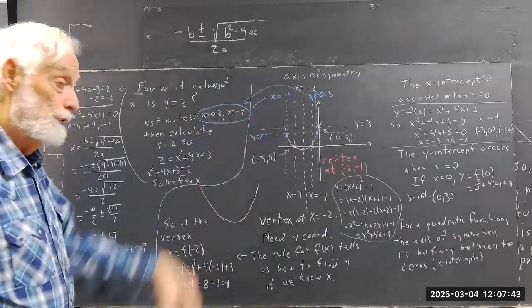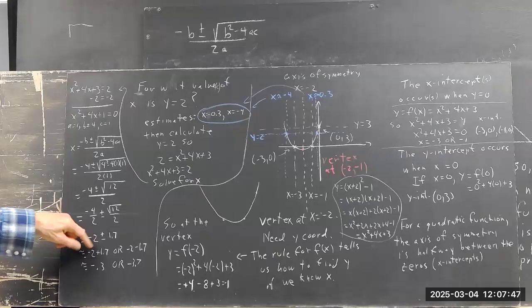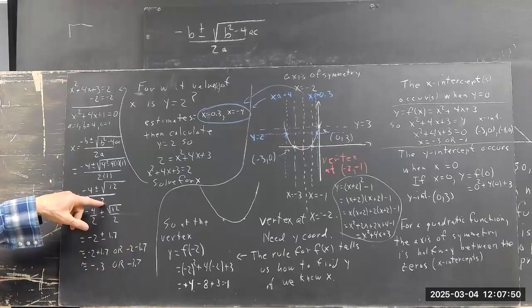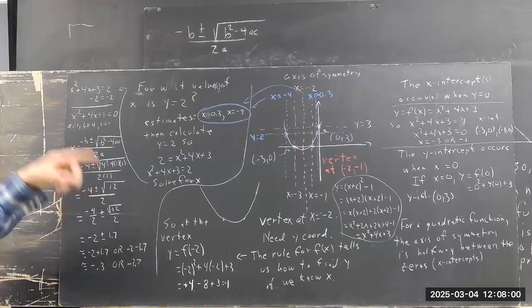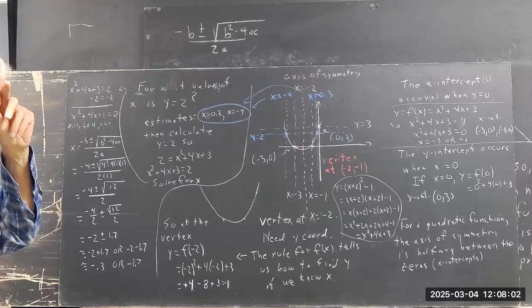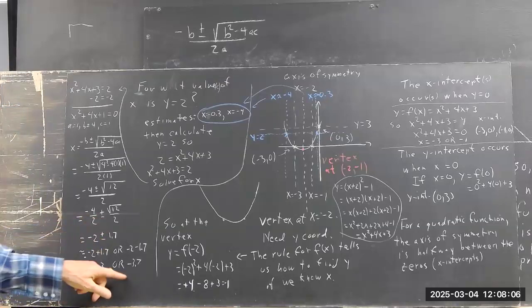They got -3.7. So I got one of them, they got the other. Now, these are not exact because we have a square root of 12 involved. Square root of 12 is not exactly 3.4. It's 3.46, 1.732, 3.464. It's actually closer to 3.5.